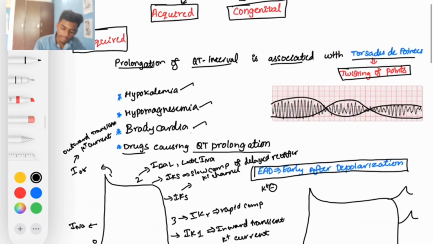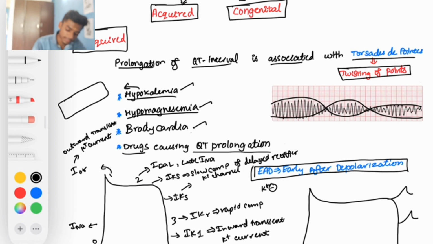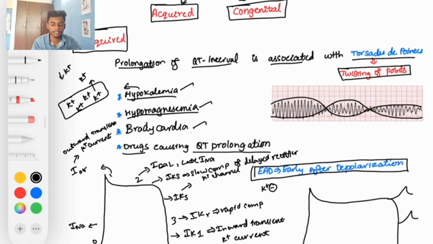Okay, now let's see how hypokalemia and hypomagnesemia will prolong QT interval. Hypokalemia: this is a myocardial cell, and there is decreased potassium outside the cell and more potassium inside the cell. What we would think is that potassium will move outside the cell rapidly because of the concentration gradient, and there will be rapid repolarization, and the action potential duration will be shortened.